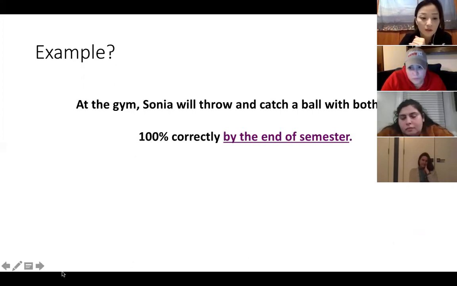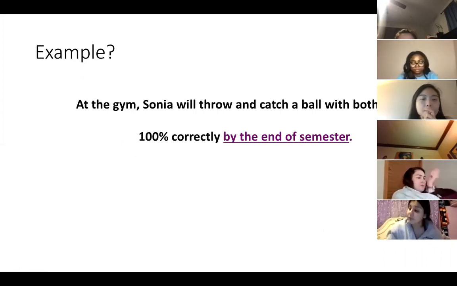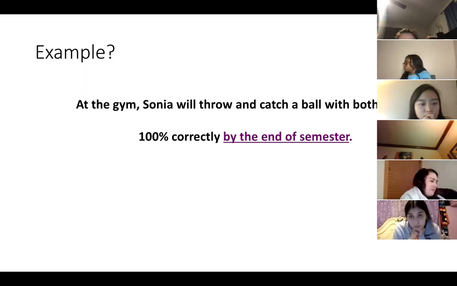Now let me call someone to help me identify the elements. Veronica, you want to start? This objective includes all 5 teachable elements. I will name each element and you tell me where they are. Student? Sonia.